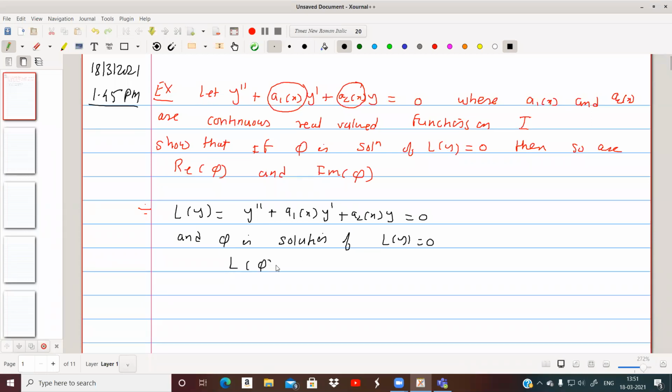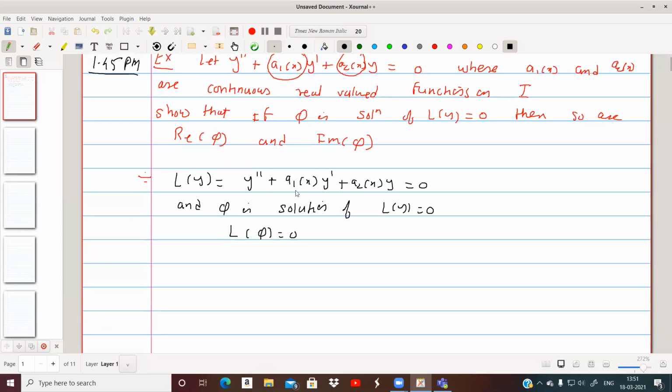That means L(phi) = 0. It's also known that these are continuous real valued functions, which means their imaginary part is 0. The imaginary part of a1(x) is 0, and the imaginary part of a2(x) is also 0, because both are real valued functions. Otherwise, this will not hold.